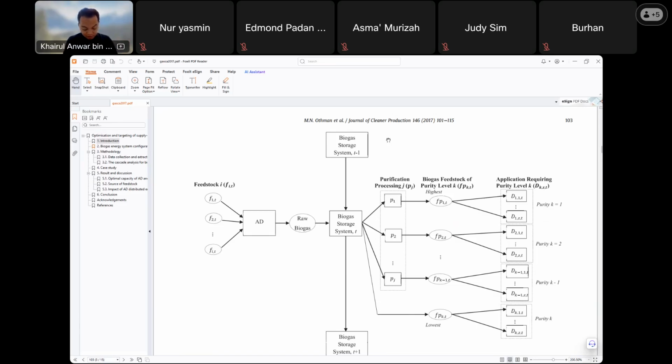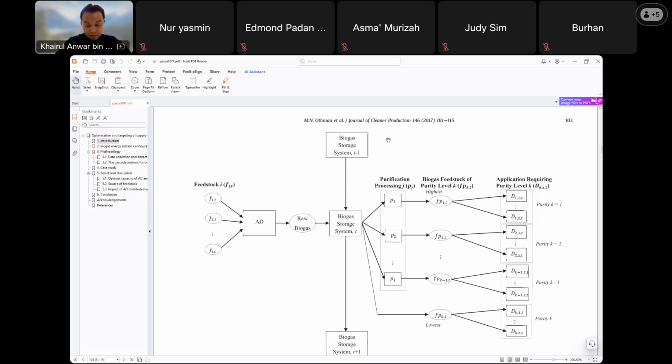The biogas stream produced is then channeled into an intermediate biogas storage system. It is included in the configuration for the possible biogas resource accumulation attributed to the fluctuation in biogas demand of the final application.